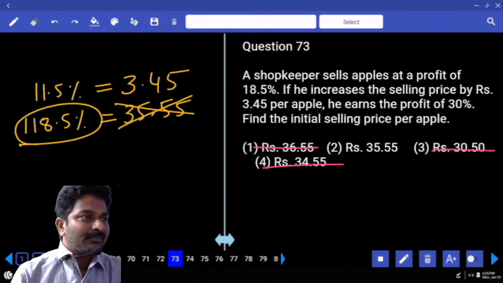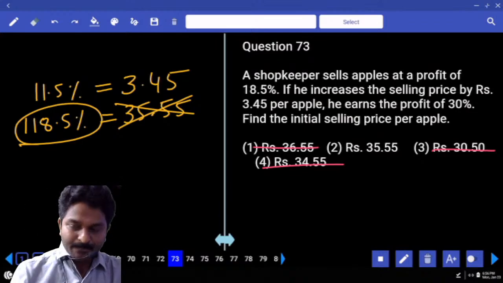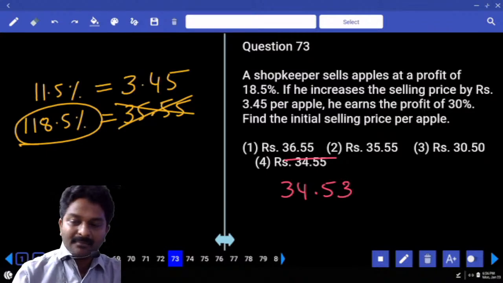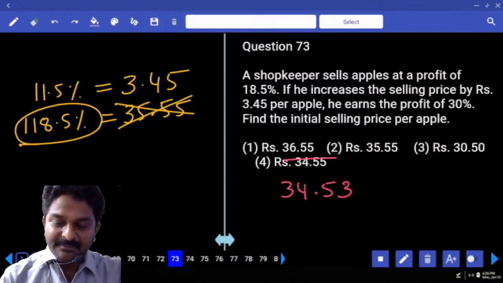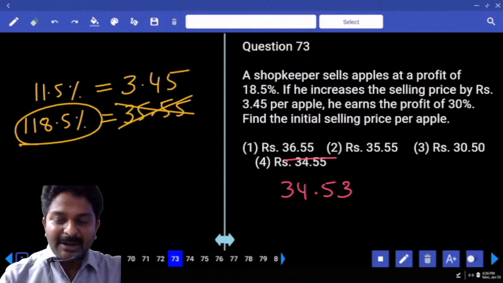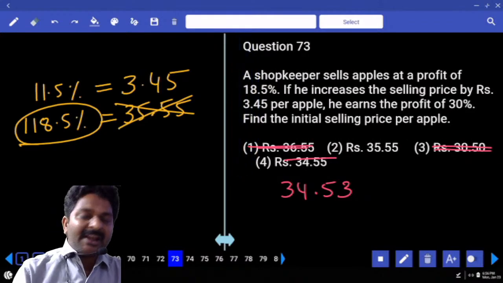No. Even if a couple of options are there, for example, let me change the fourth option to 34.53. It is a 3 multiple, right? So now if you verify the 3 multiple, you can eliminate only the first and third options. Second and fourth are left.